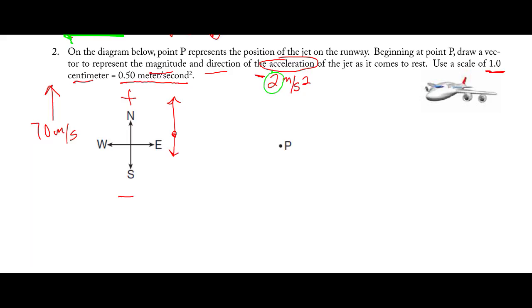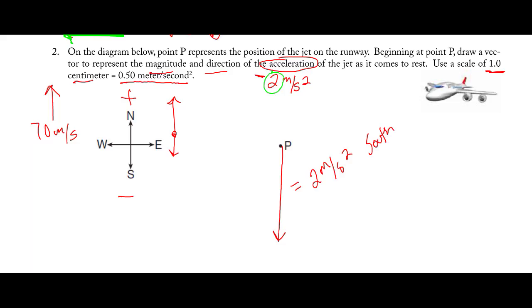If I have to have a magnitude of 2 and each centimeter is 0.5, it would take 4 centimeters. So I'd take my ruler and draw a line that was 4 centimeters long, pointing south, and that would be the magnitude and direction of acceleration. And of course, that would equal 2 meters per second squared south.